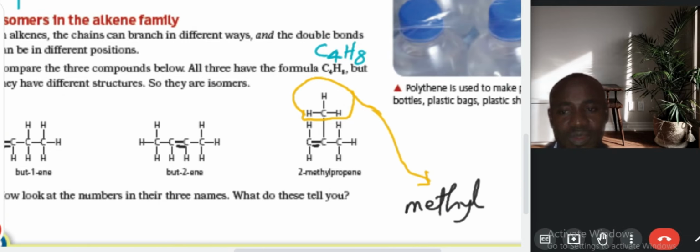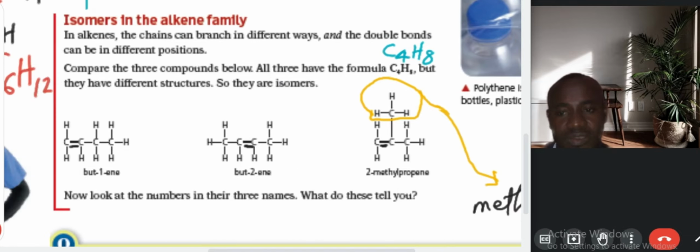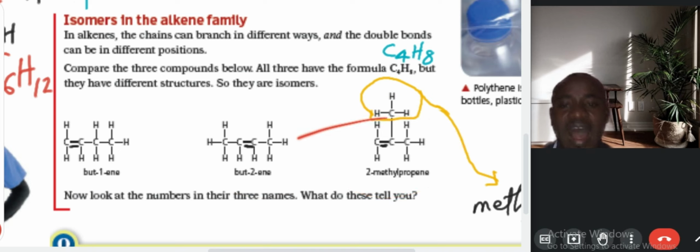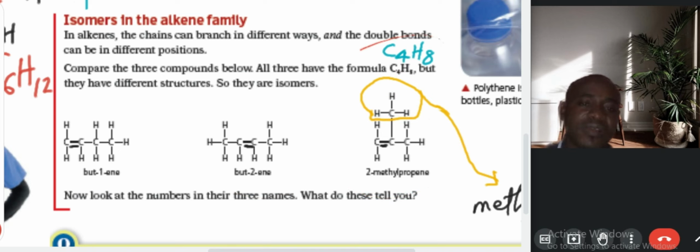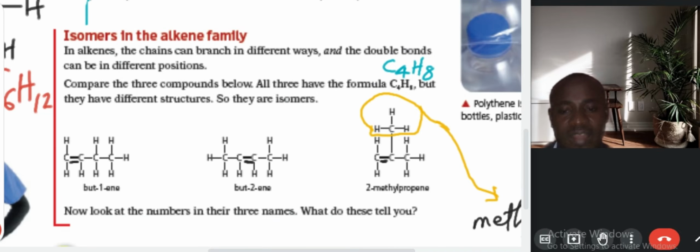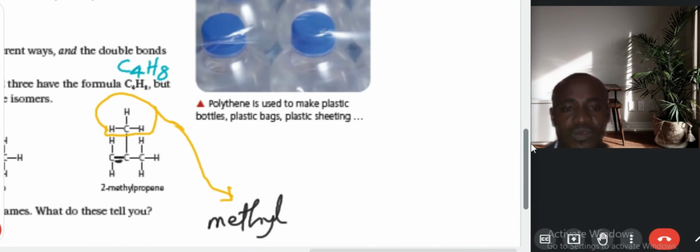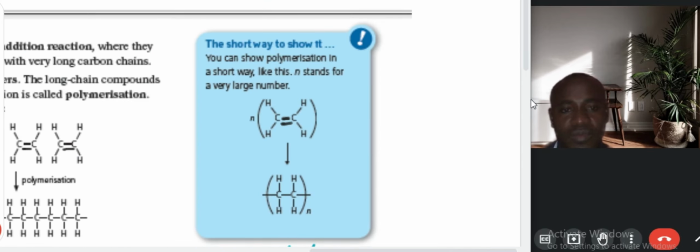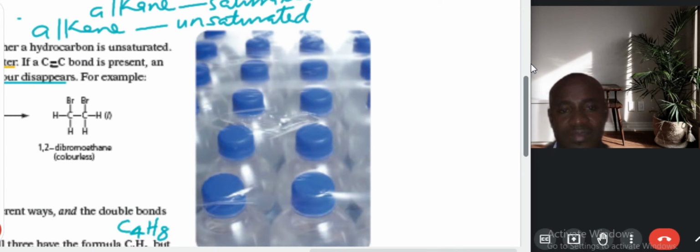In other words, but-1-ene, but-2-ene, and 2-methylpropene are all isomers of C4H8. They will have different properties, as I've already explained using alkanes. Okay, so that's about alkenes.